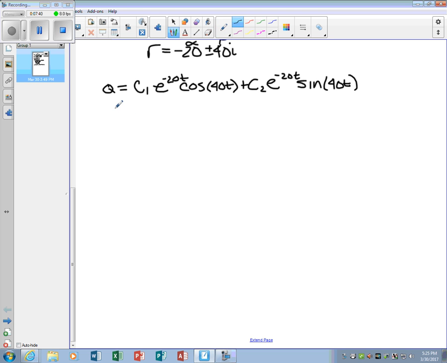So Q actually ends up being e to the negative 20t times C1 cosine 40t plus C2 sine 40t.